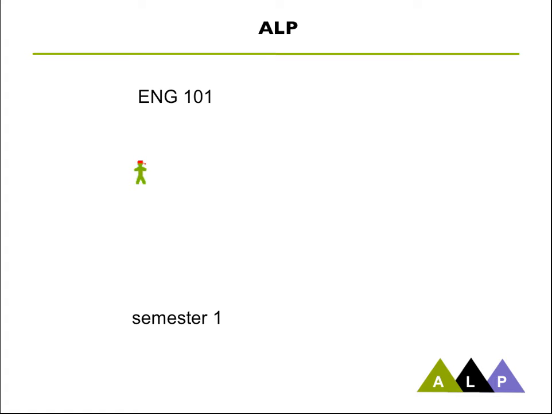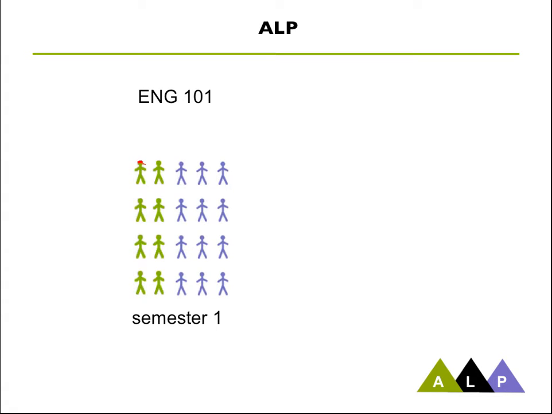In the English 101 section, she's joined by 7 additional developmental students, and those 8 students are joined by 12 101 level students. Our class size at CCBC for all writing courses, developmental or credit, is 20. We're very fortunate in that.